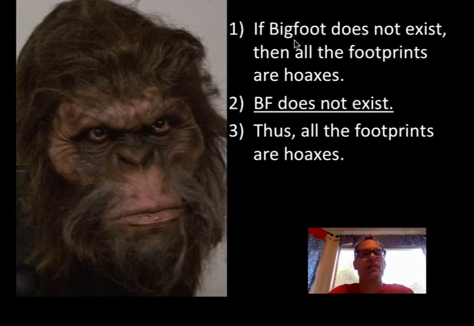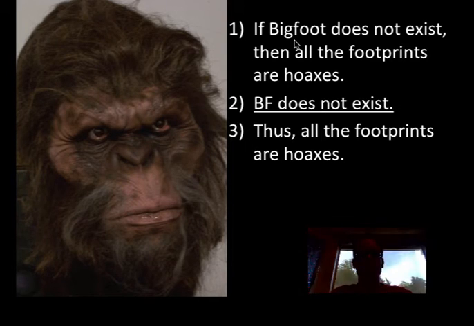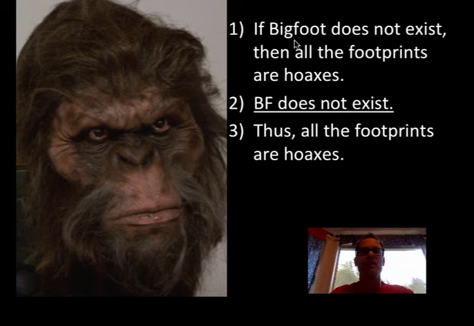And that's because sometimes when a bear moves through terrain, it can produce an odd footprint. And that footprint can be mistaken for something like a human print. Now, it doesn't happen often, but it's certainly possible. So 1 is not true, because even if Bigfoot doesn't exist, it doesn't mean that all the footprints are hoaxes.